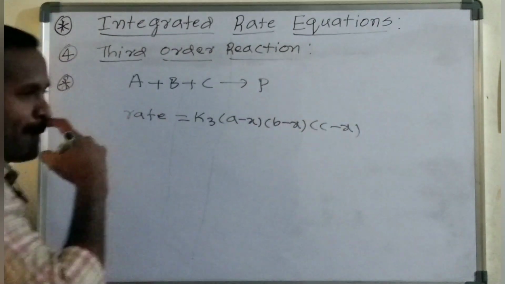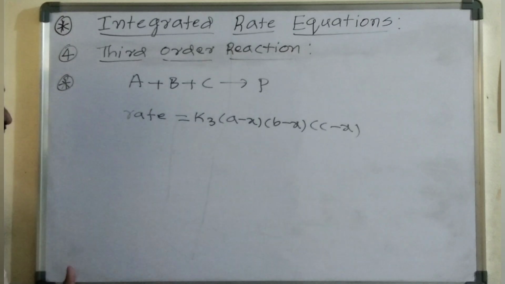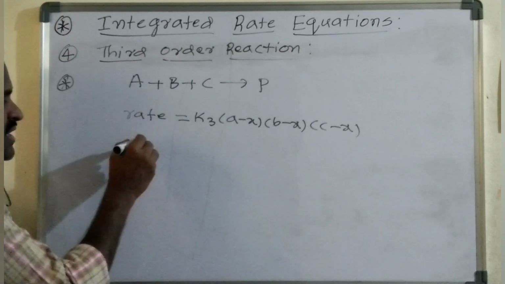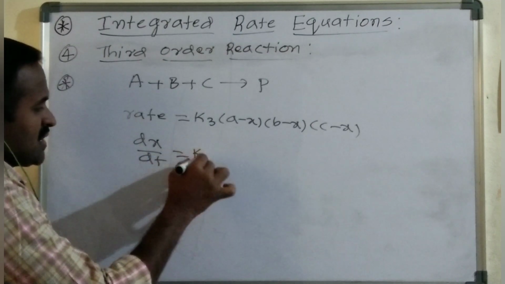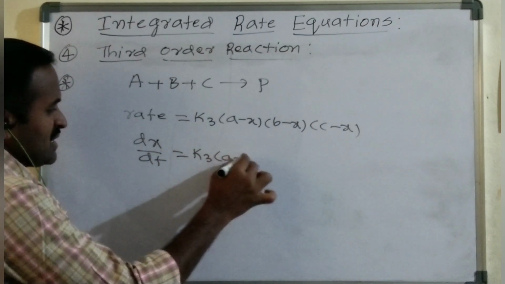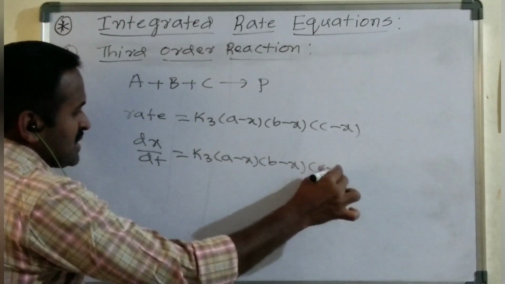So the differential rate equation is dx by dt equals K3 into a minus x into b minus x into c minus x.